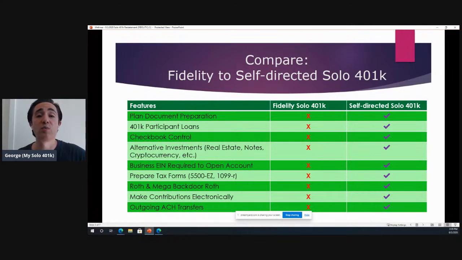Now, the spouse needs to be working in the business. The spouse needs to be reporting his or her own self-employment income. So even though it's one plan, there are really two participants. One is one spouse, the other is the other. So the ability of each person to contribute to the plan is based on their own self-employment income.